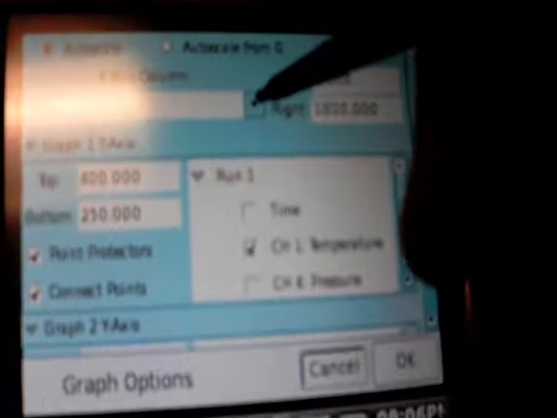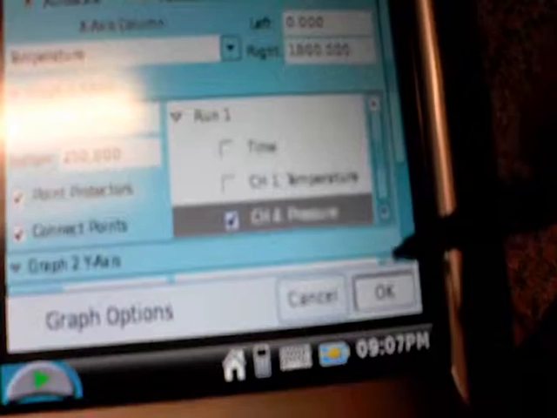The way we can change that is go to Graph Options, and right here where it says X-axis column, we can change that to temperature, and then here, Graph 1, Y-axis, change it from temperature to pressure. So now Graph 1 is pressure on the y-axis and temperature on the x-axis, which is what we're after. So we'll click OK.